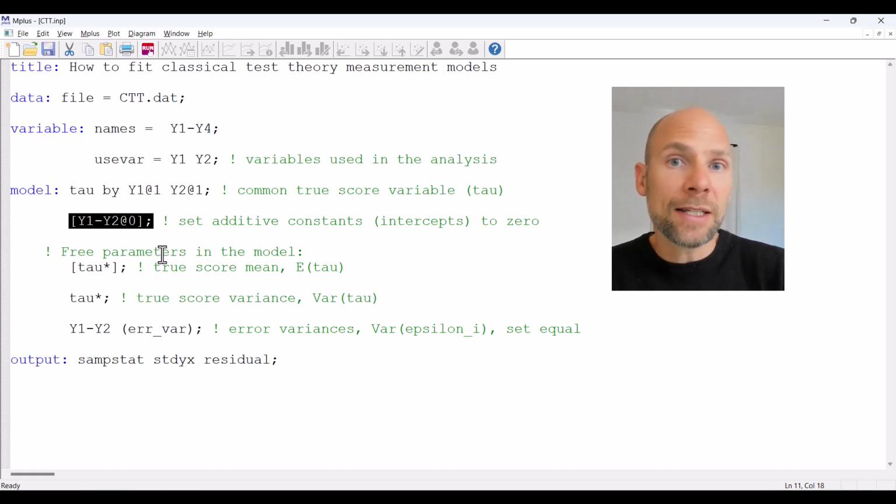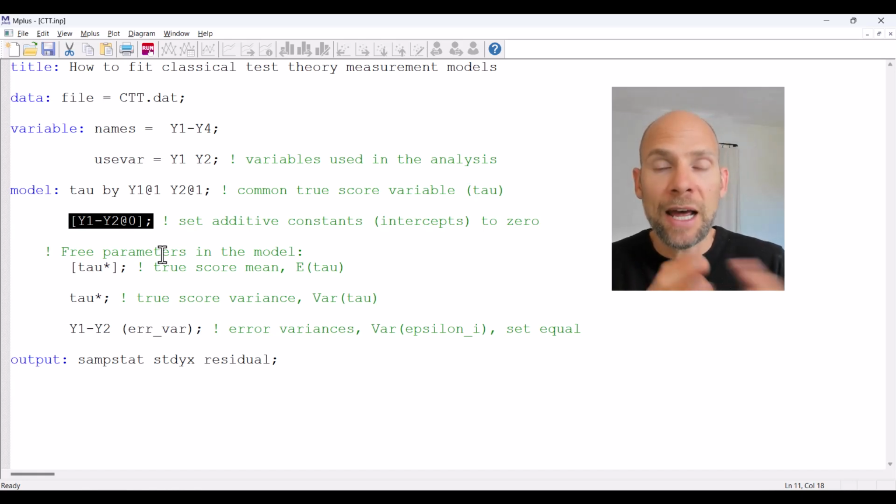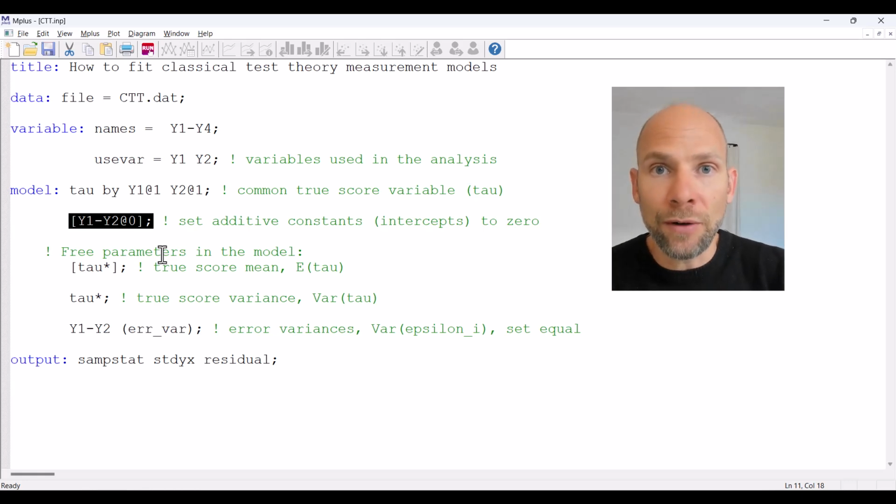And so all intercepts have to be fixed to 0 because there's only a common mean. The model implies that there's one and only one common true score mean that applies to all test score variables, and that mean will be estimated in a separate step, but there will be no intercepts for the observed variables because the observed variables are not allowed to differ from that common true score mean.